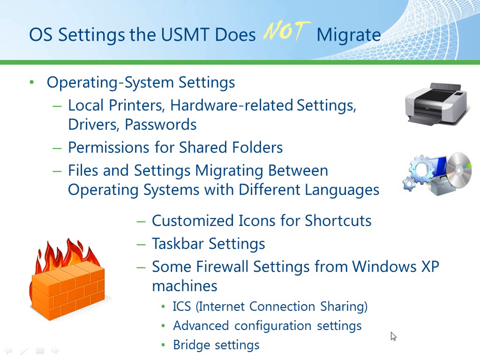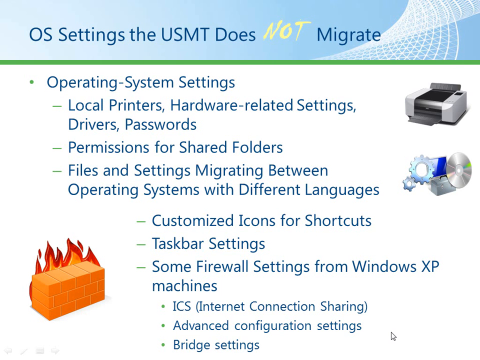None of those are migrated. Permissions on shared folders: after migration, you have to manually reshare any folder that was shared on the source computer. And files and setting migration between operating systems in a different language. You cannot do this. The language of the operating system of the source computer must match the language of the operating system of the destination computer.